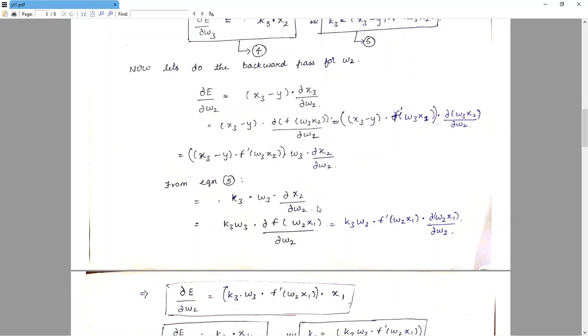Now what is x2? X2 is clearly w2 x1, right?